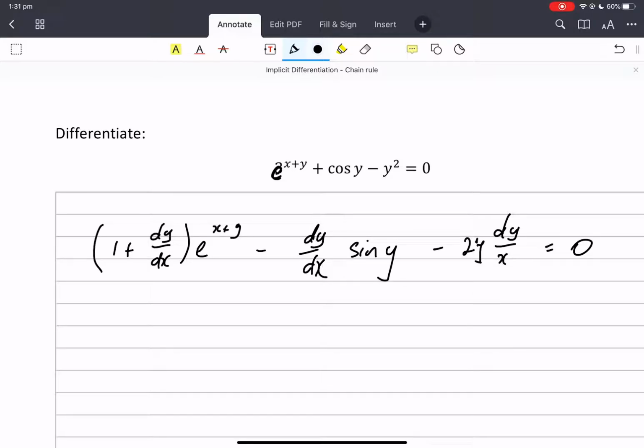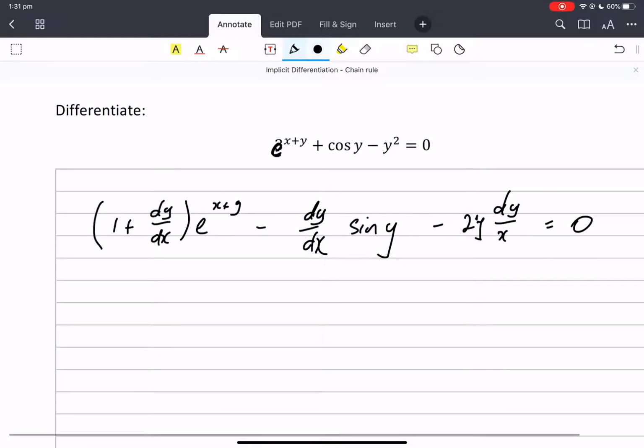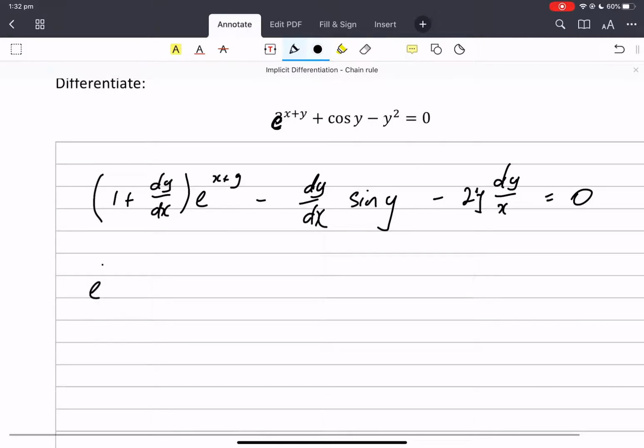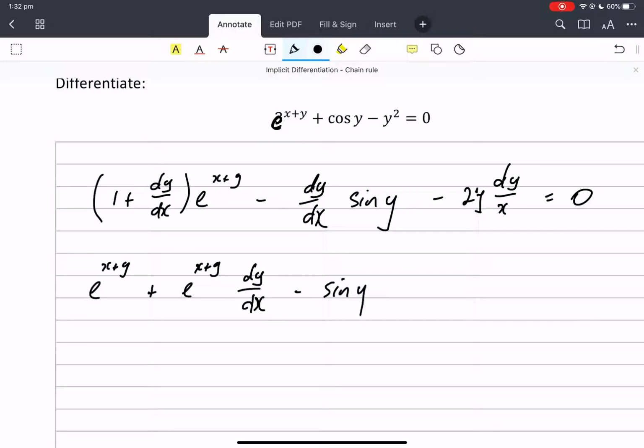Okay, we've got dy/dx's everywhere, but I've got a bracket here, so I'm going to have to go, well that's e to the x plus y plus e to the x plus y dy/dx minus sine y dy/dx minus 2y dy/dx.